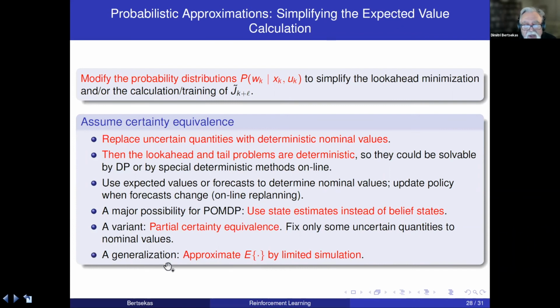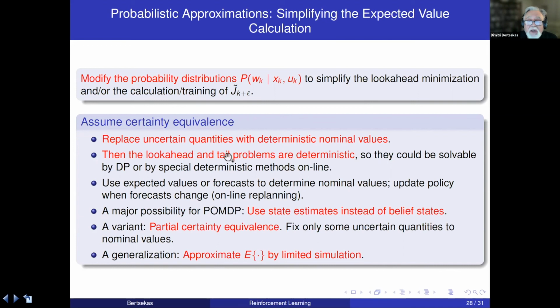And a generalization of certainty equivalence that I mentioned is to approximate the expected value by limited simulation. If you were to do exhaustive simulation by Monte Carlo method, you would obtain the exact expected value. If you take just a few samples, you can approximate the expected value with the corresponding limited sample average value.